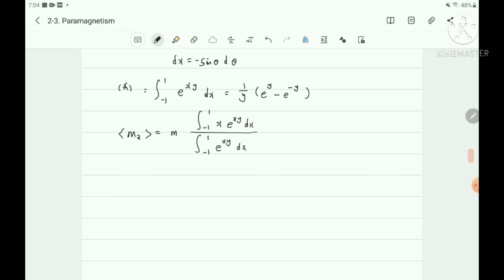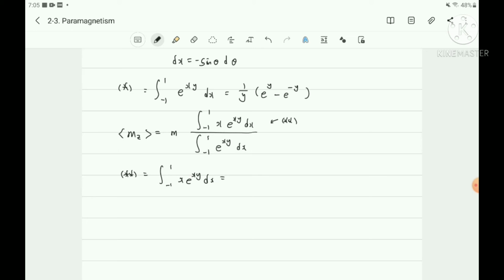And the numerator, it is a 2 star, and the equation of 2 star is that the integral from minus 1 to 1 of x exponential xy dx is solved by integration by parts.